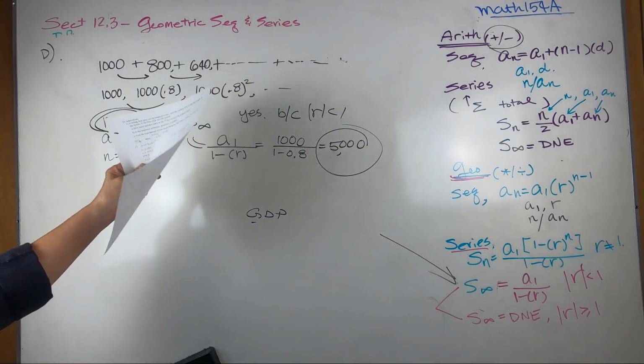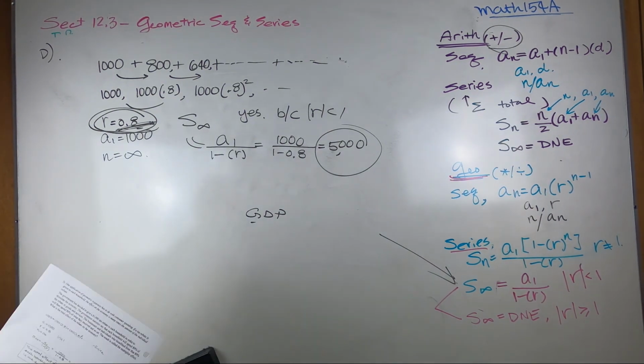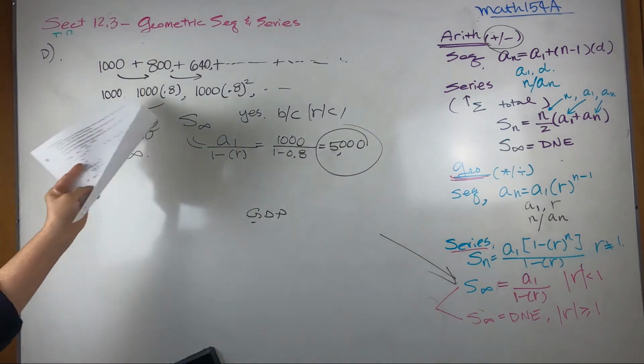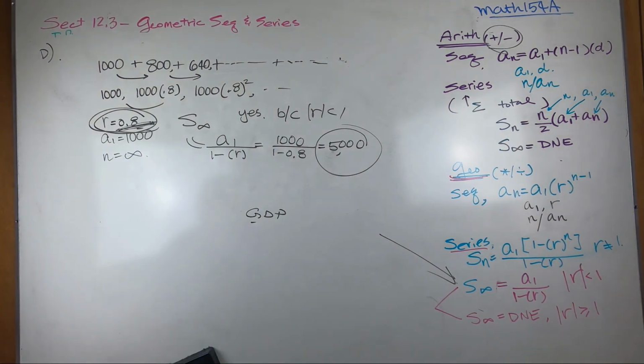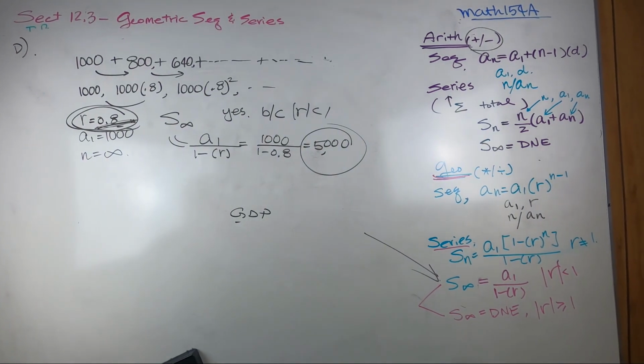Use this geometric series concept to deal with the economy, right? How we calculate that. Got the idea? So this will be the last section of this class, section 12.3.